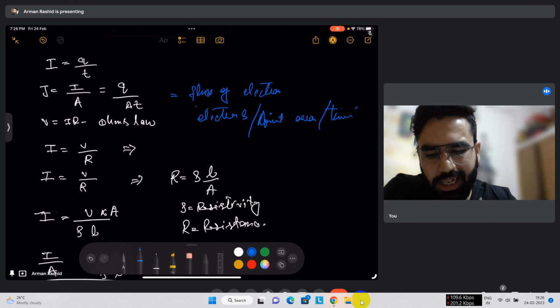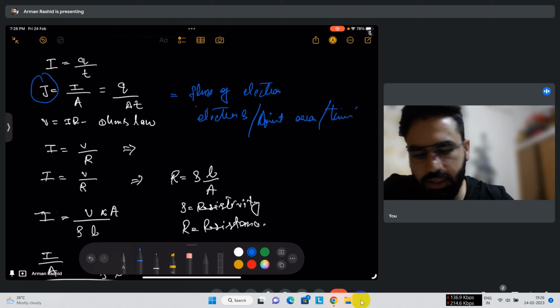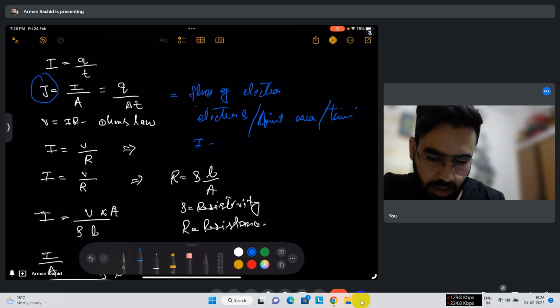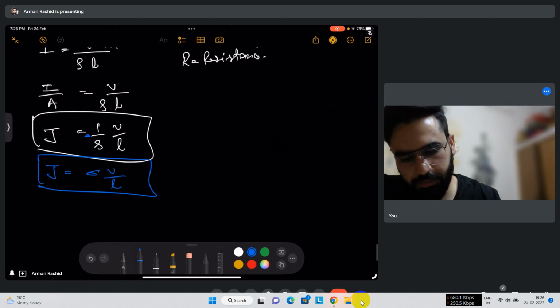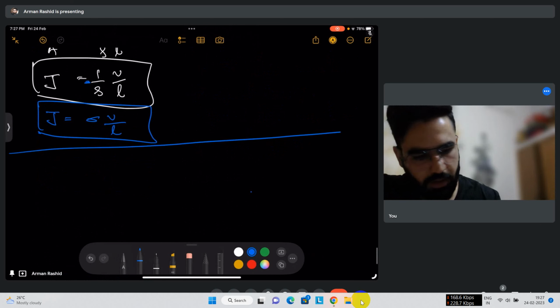It is determined by the current. This is also called current density. So we have determined it.